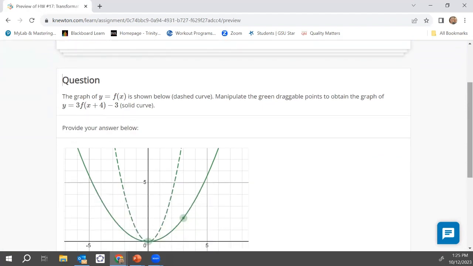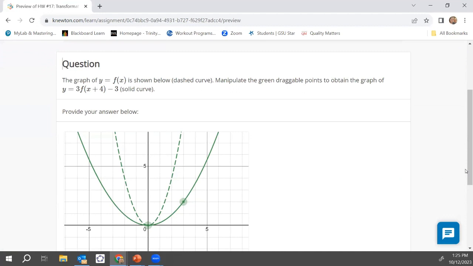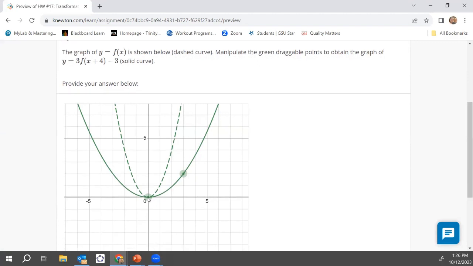Okay, the 3 is on the outside here. So 3 times the f of x plus 4 and then minus 3. So I'm going to start with where my vertex goes. So x plus 4 means I go back 4, and then minus 3 means I go down 3. Now, the original graph is an up 1 over 1 here.